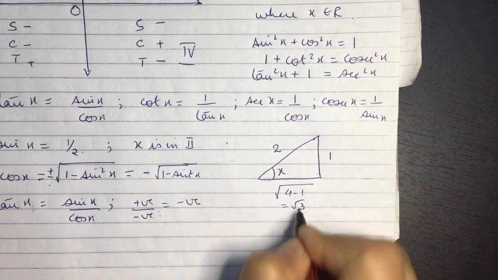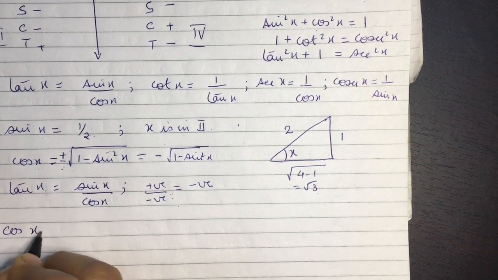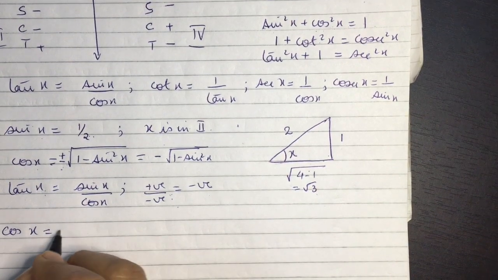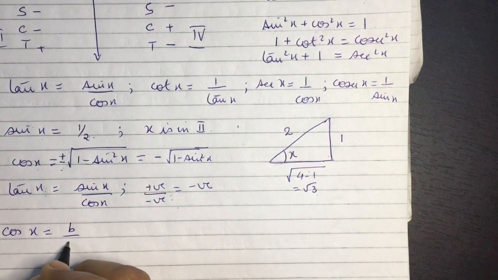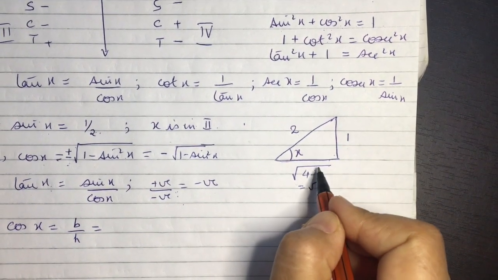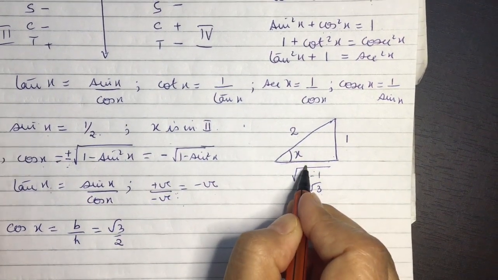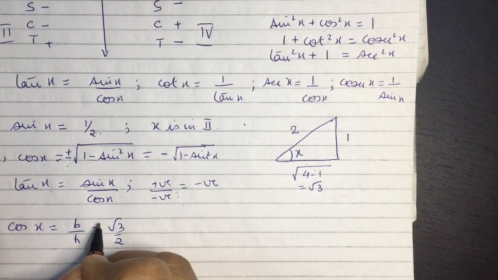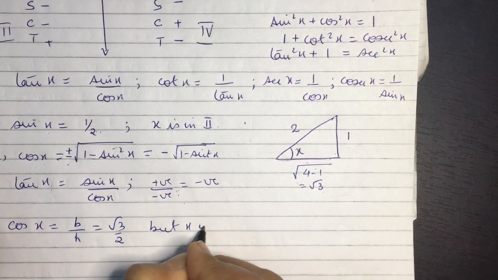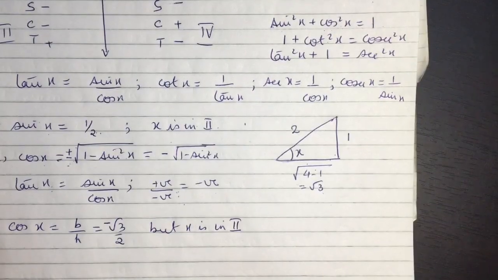So this will give you cos x clearly. We don't have to find it the earlier way, we simply use these results. Cos x is base upon hypotenuse, which is root 3 by 2, but x is in the second quadrant, and so we will take it as negative.